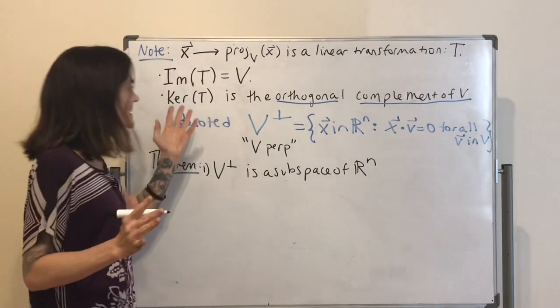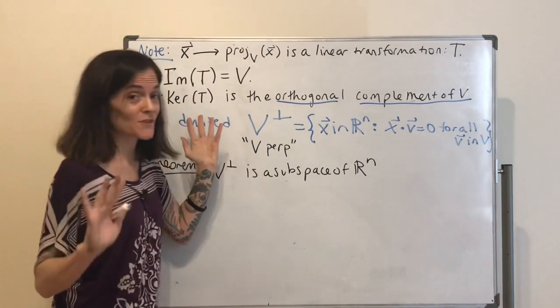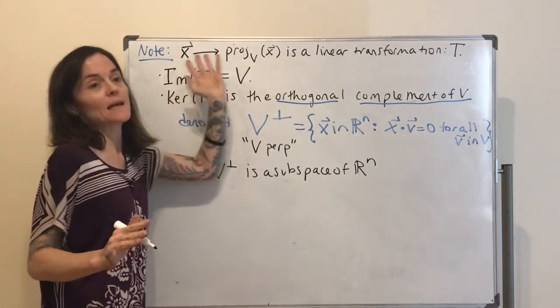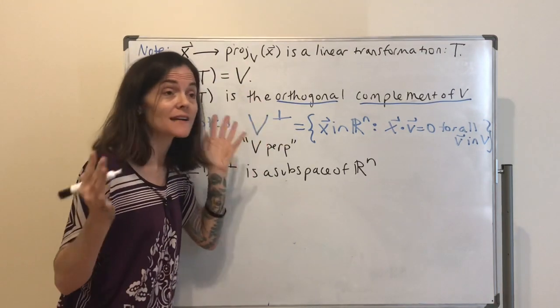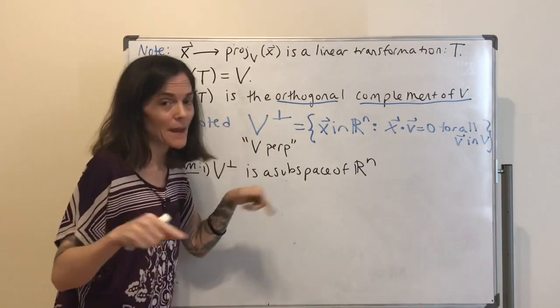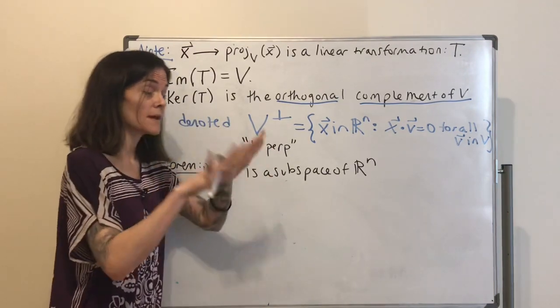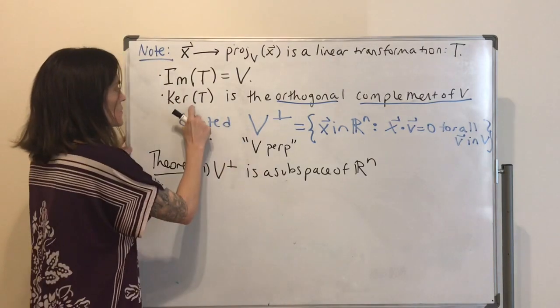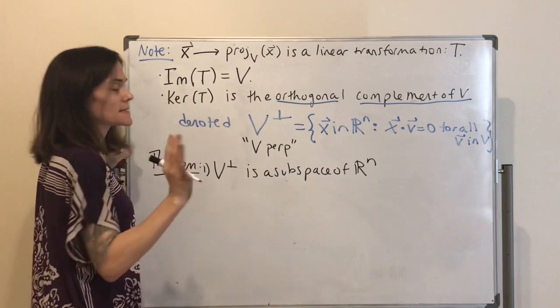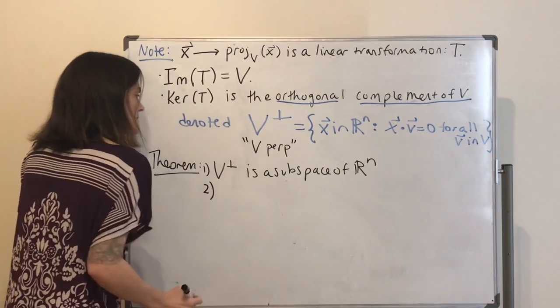Well, look, it's the kernel of a transformation. And we know kernels of transformations and images of transformations, for that matter, are subspaces. And this will be a transformation. The corresponding matrix is n by n. It's a transformation from Rn to Rn. And so this is inside of Rn, and this is inside of Rn.